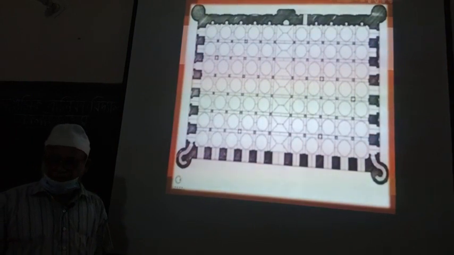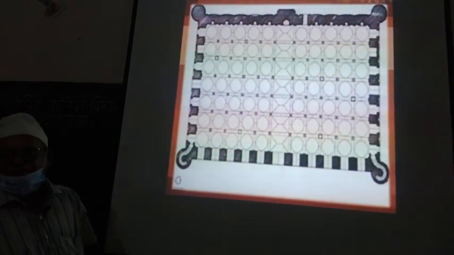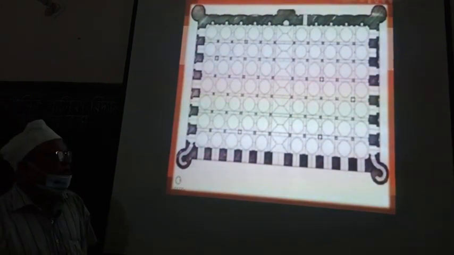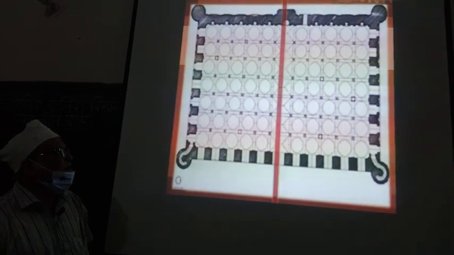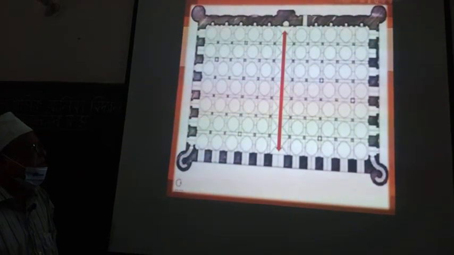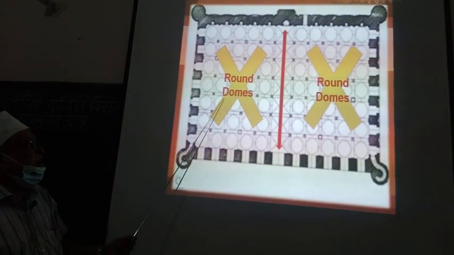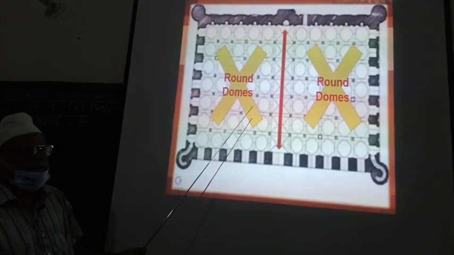You have to know and watch from the inside of the mosque. This is round domes from inside the mosque.